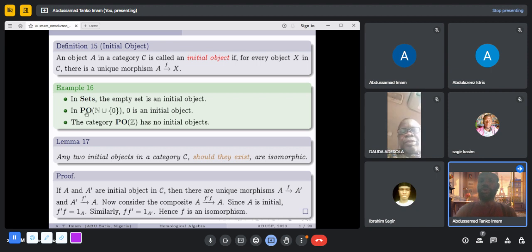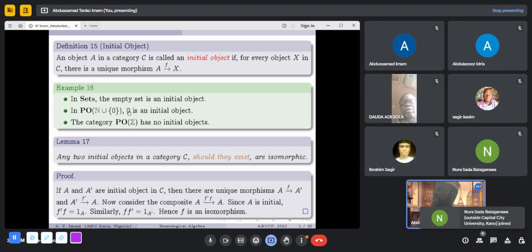And in the poset of natural numbers union 0, 0 is the initial object. There is always an arrow because 0 is less than or equal to every other natural number, so there is a unique arrow from 0 to every other natural number. So 0 is an initial object.